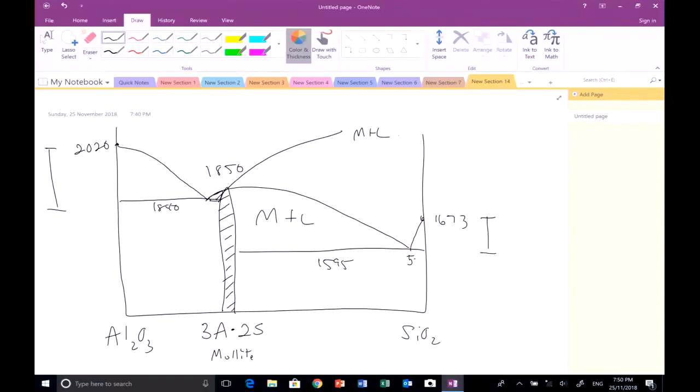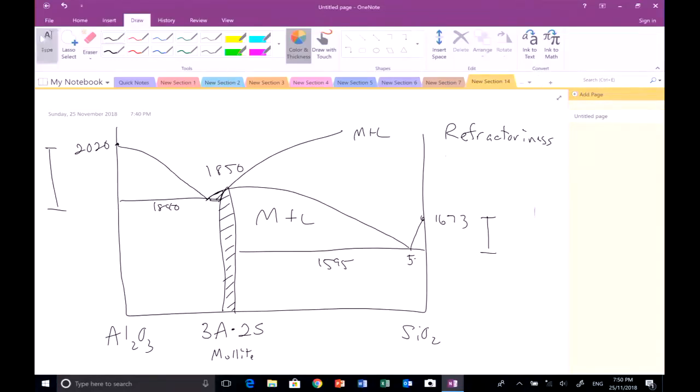But on the silica-rich side, you can see that we can liquid phase sinter this starting at 1595. And the less liquid I have, the better. So now I have to define refractoriness. A refractory is a high temperature resistant material, and it depends on two things.